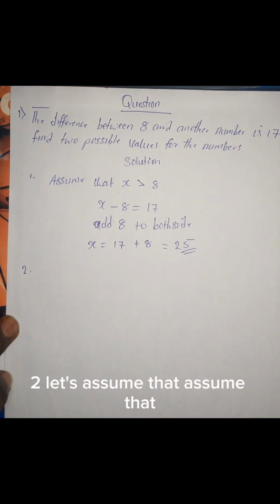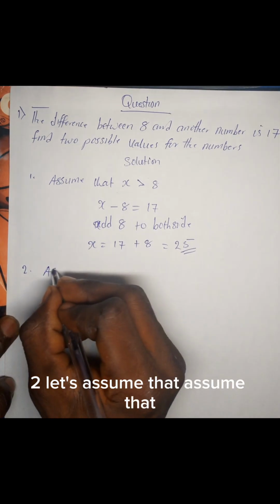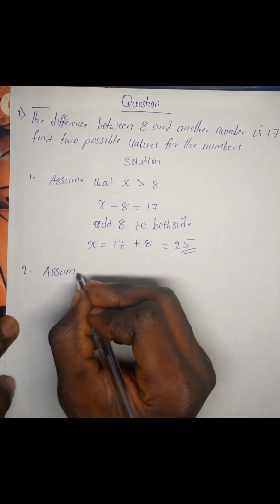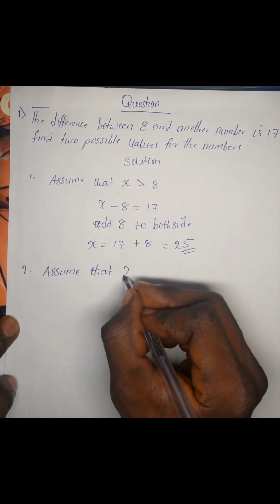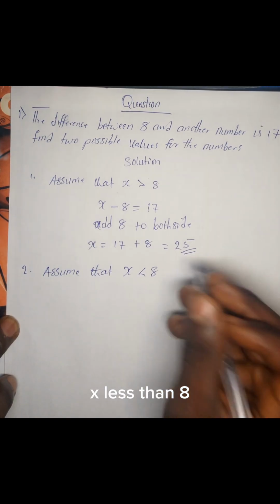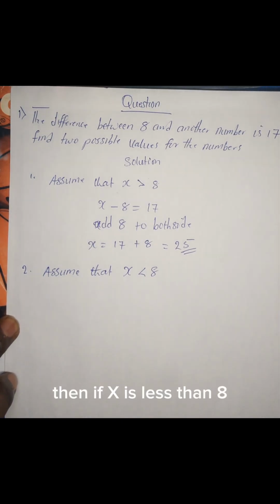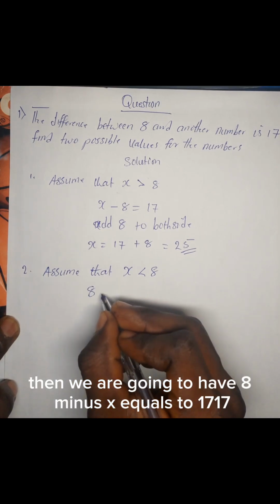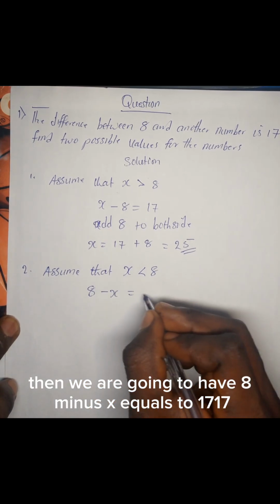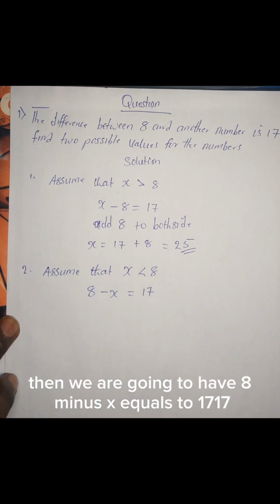Second, let's assume that x is less than 8. Then if x is less than 8, we are going to have 8 minus x equals 17.